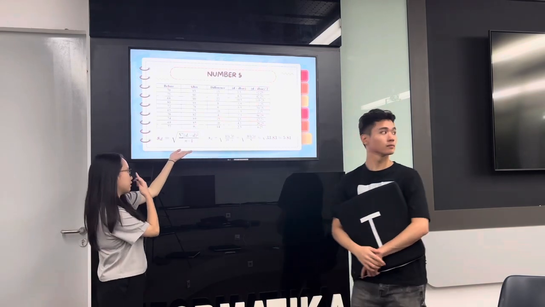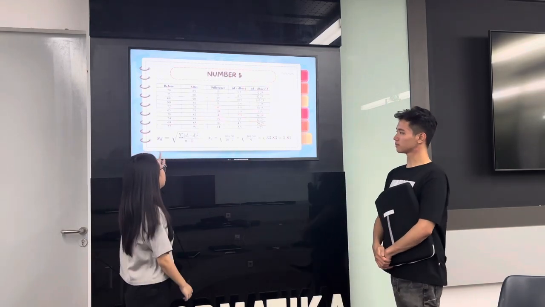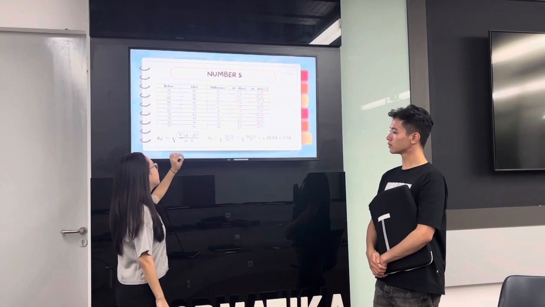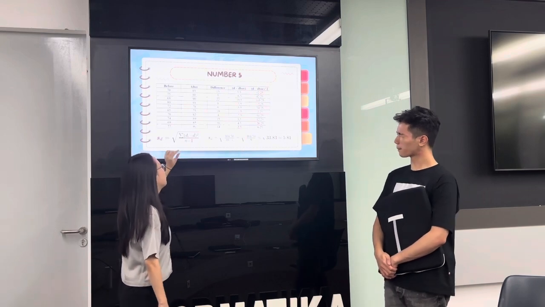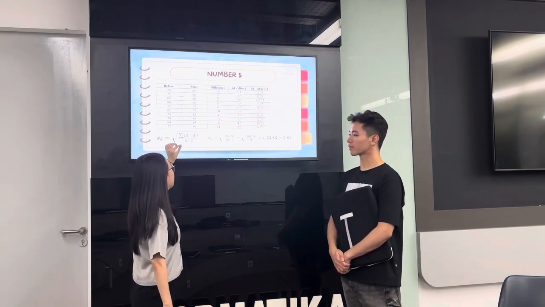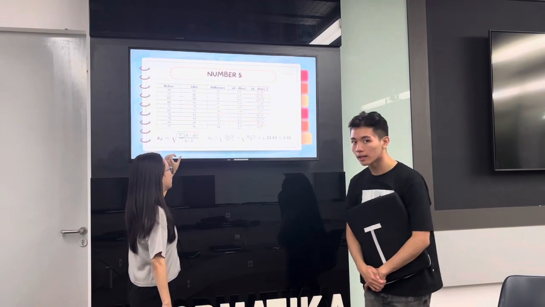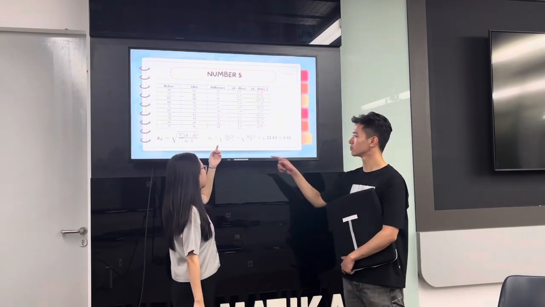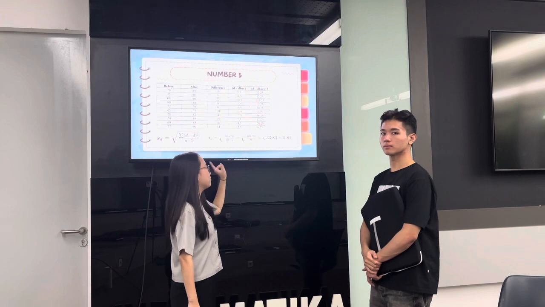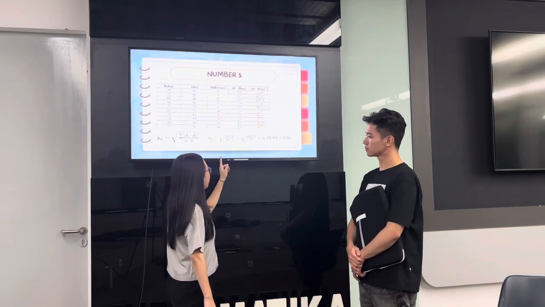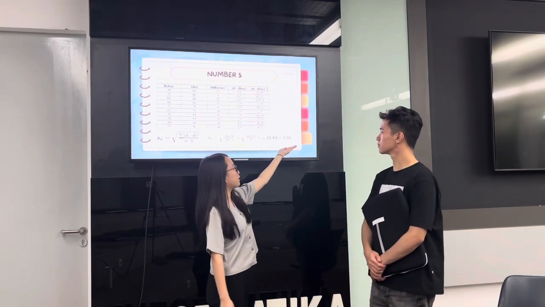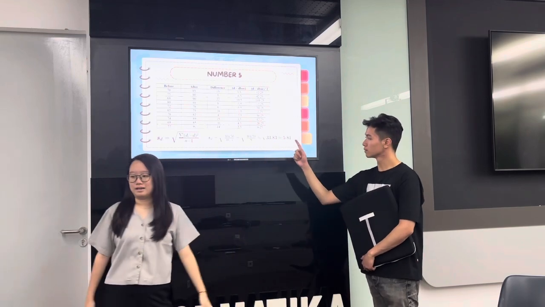The formula is the square root of the sum of squared D minus D bar, divided by the number of samples minus 1. So we get the square root of 304.5 over 10 minus 1, so we get 5.81.